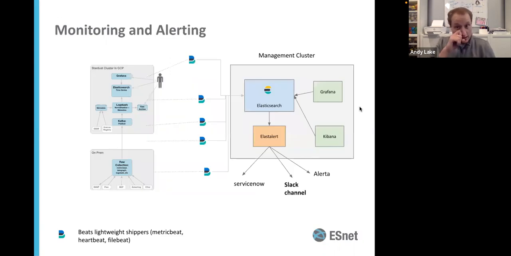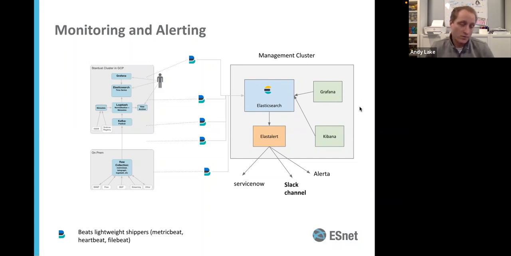Another big piece is the monitoring and alerting. We use something called ElastAlert, which is an open source tool. If you're familiar with Elastic and Kibana, this is different from Kibana's built-in alerting. It allows you to write Elastic queries and alarm on thresholds. So far we mostly use it for operational things, maintaining the infrastructure.